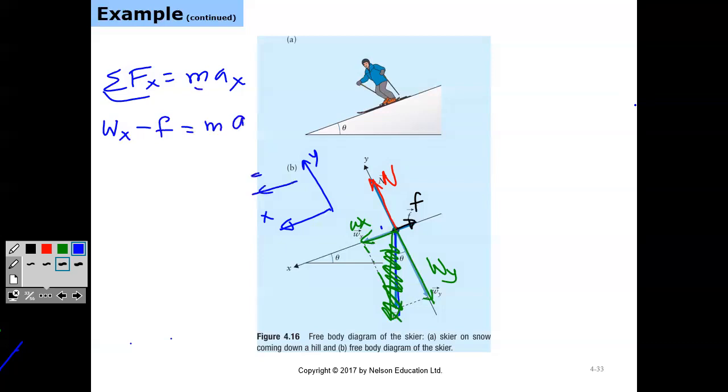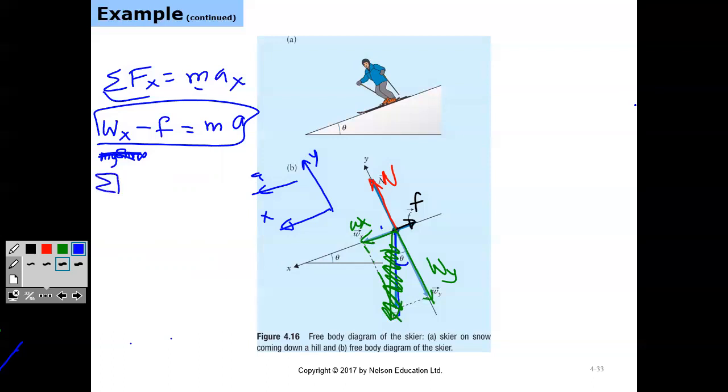Let me call that acceleration A down there. Wx will be mg, but there are some things here, because the theta is with the y-axis, so Wx will be mg sine theta, not cosine theta, and so on. But anyway, I want to focus on the concept here.